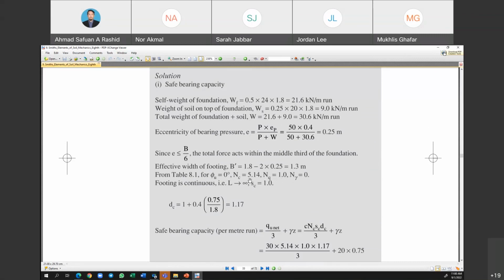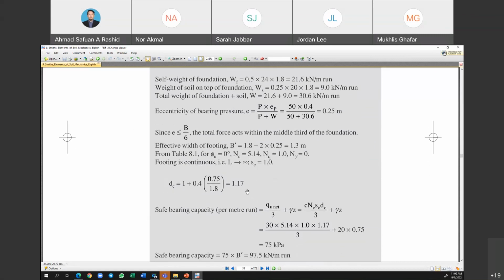The footing is continuous, so we may assume that L is equal to infinity. So SC is equal to 1, DC is equal to 1.17.